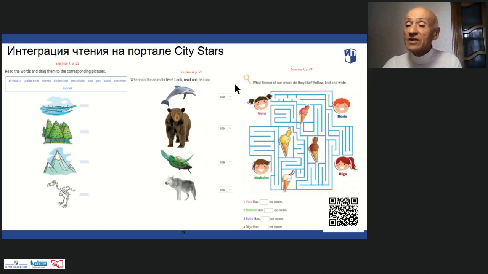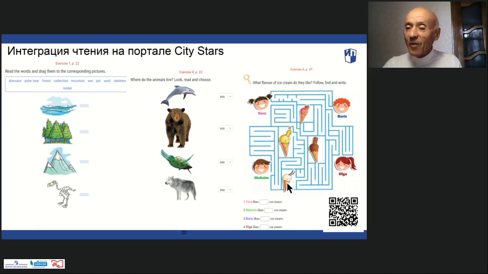The flavors are given in the previous exercise, and the flavors are lemon, strawberry, chocolate, and vanilla. And if our children are careful, they may be able to find which flavor Vera likes, and it is vanilla.